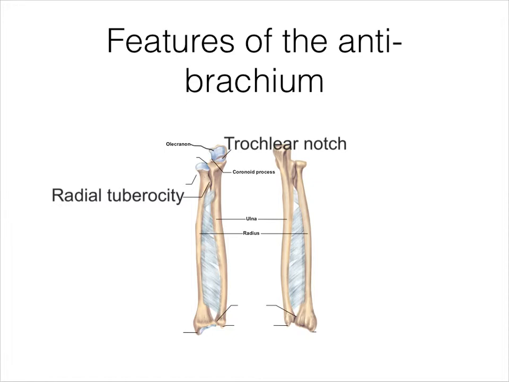Now this right here is a notch on the ulna, and you can see that the radius fits inside of that notch, so it is the radial notch of the ulna.